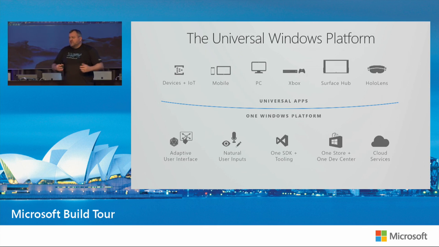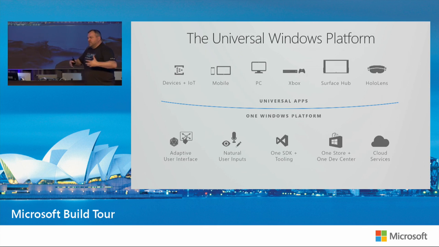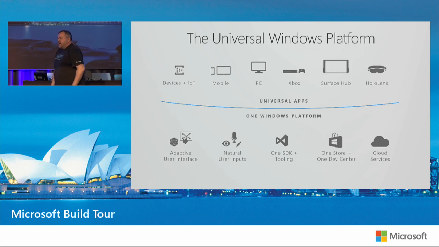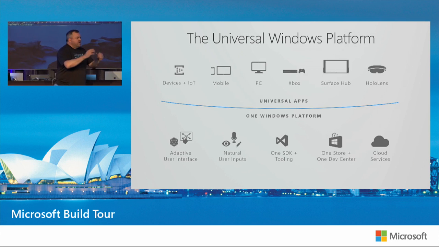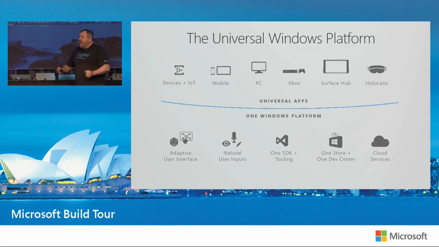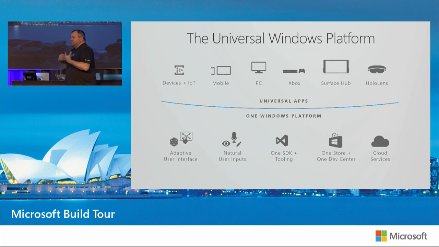Those of you that have been building Windows apps for a long time know that that's a departure. We don't have an SDK now for embedded, and an SDK for desktop, and an SDK for server. You go get the one Windows SDK, you use Visual Studio 2017, and you can build apps for all of these devices. We wanted to give you one place to publish your application and simplify acquisition.